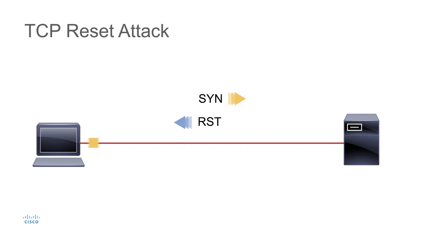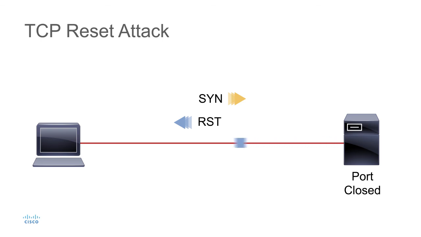What's happening here? Well, oftentimes this is something that we see when the port is closed. So in other words, if we were trying to make a connection on TCP port 80, but that server is not listening on TCP port 80, it'll get a reset coming back saying, hey, reset that connection. I'm not listening on that port.